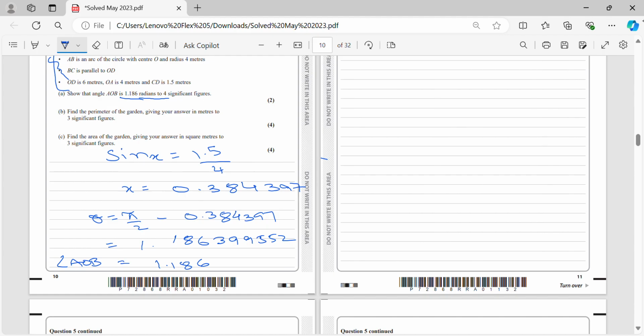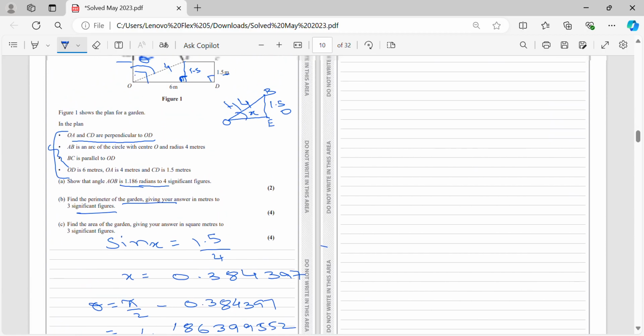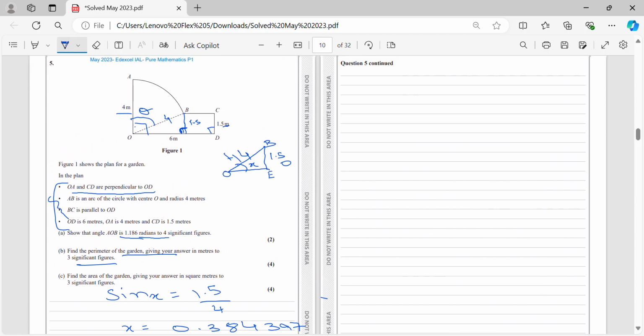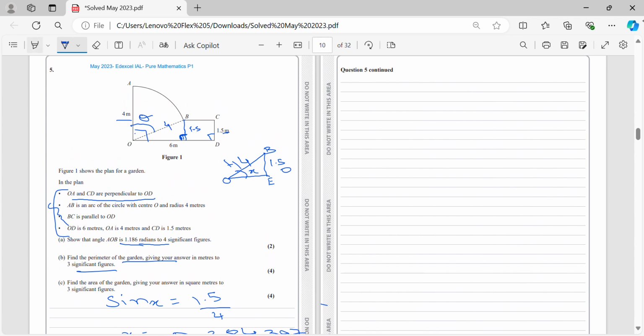Now in part B it says find the perimeter of the garden, giving your answer to 3 significant figures. So let's highlight what is included in the perimeter.